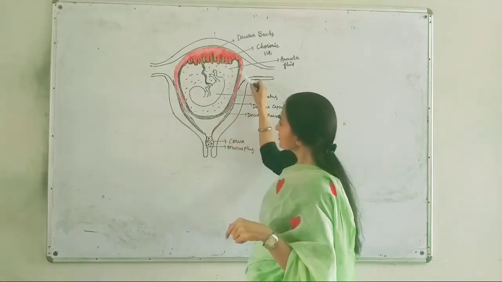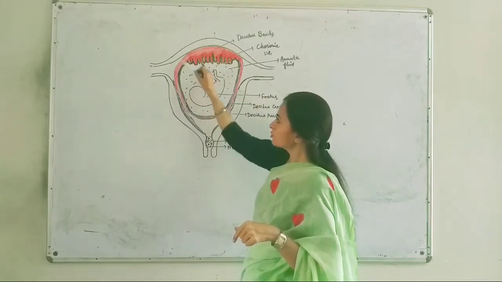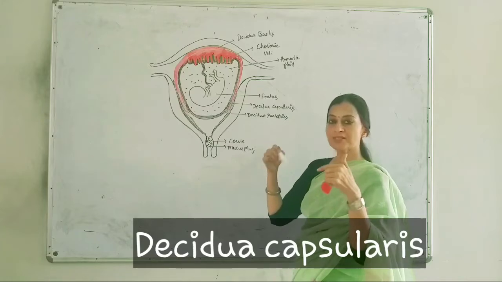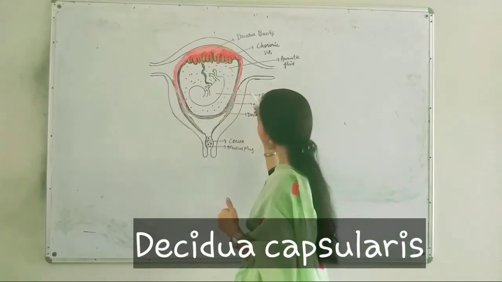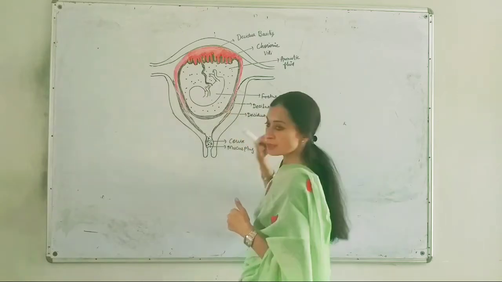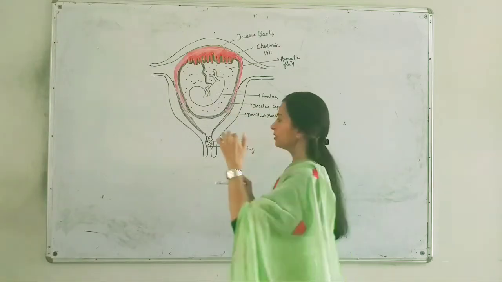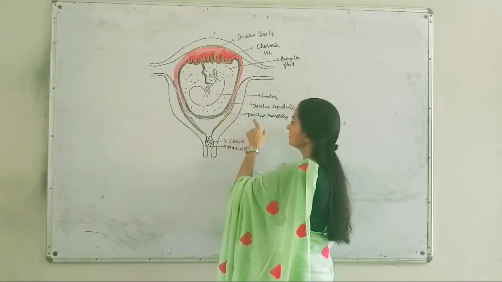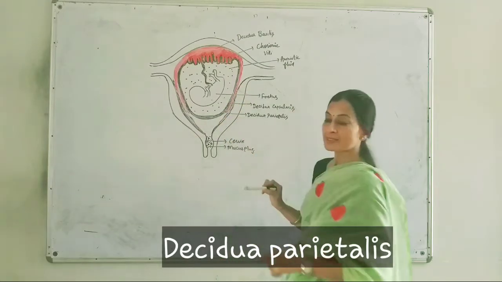So this covering decidua is known as decidua capsularis. It is covering this embryonic structure, and there is again a thickened layer here at the peripheral part of the uterus, the decidua parietalis.